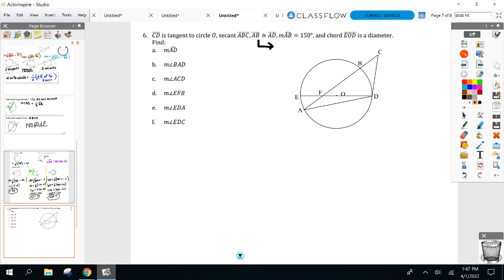Arc AEB, great job. Congruent to arc AD. Everyone, well, look at me, plop a little theorem in there too. What am I thinking? Oh, and look at the next fact. Arc AB, 150. So guess what arc AEB is also? 150.